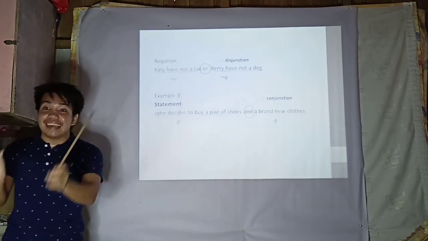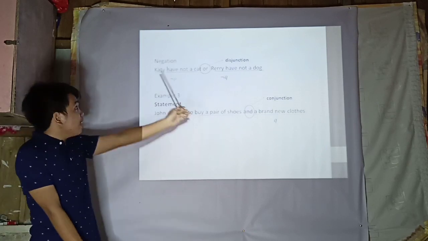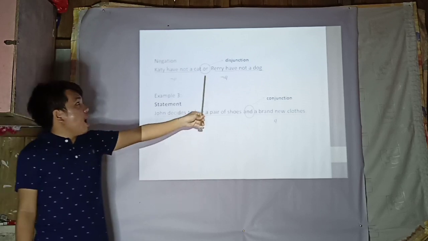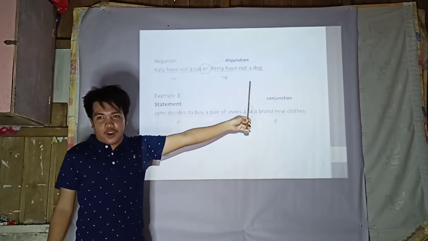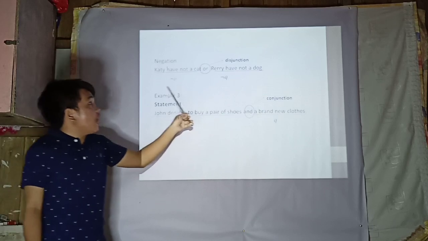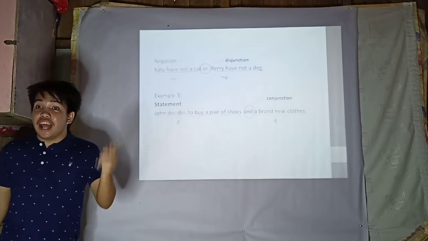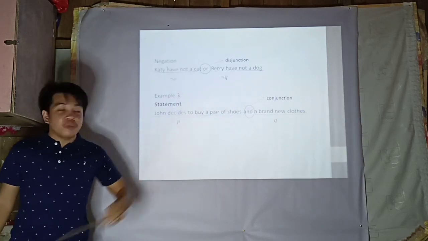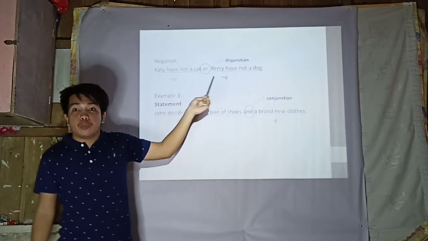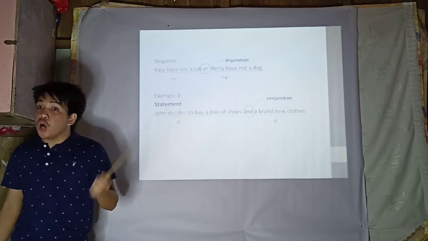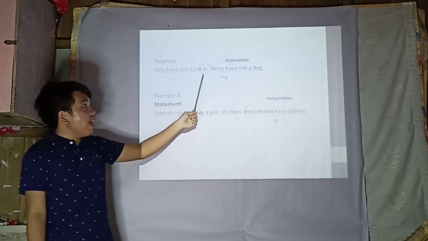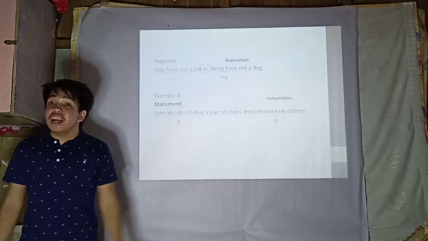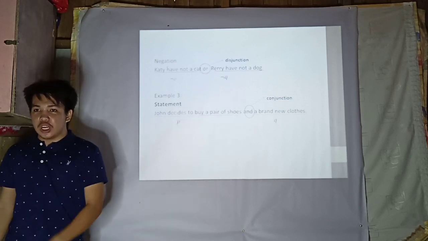If we negate it, it will become Katie does not have a cat, and then Perry does not have a dog. That is the negation of P and Q. If we negate this, the logical operator will also be changed. From "and", the logical operator will become "or", which denotes a disjunction.